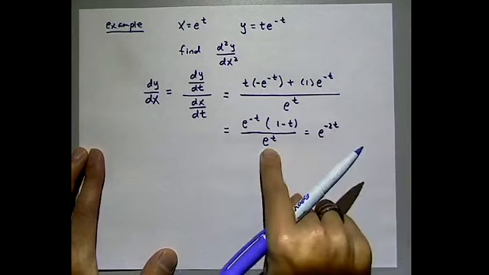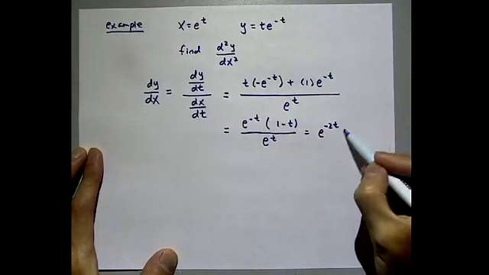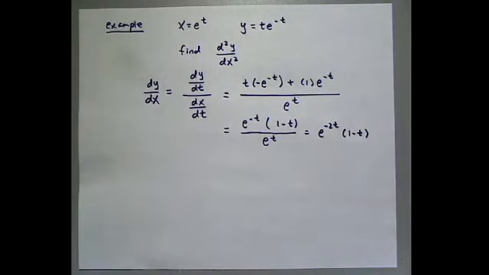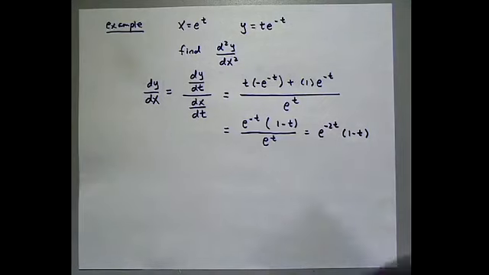If I bring this up, I could also take this down. Either way is fine. If I do this, the next step would involve another product rule. If I take this downstairs, the next step would involve a quotient rule. It's whatever you prefer and whatever you want to stay away from.